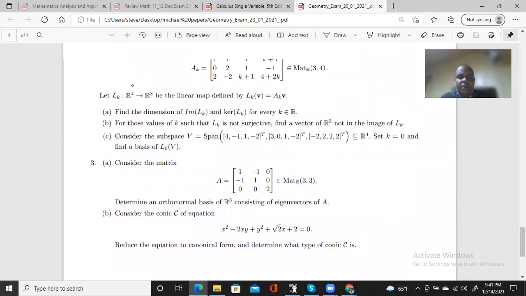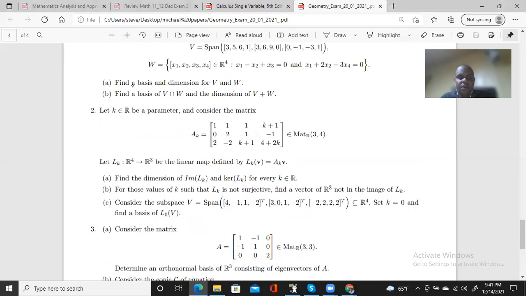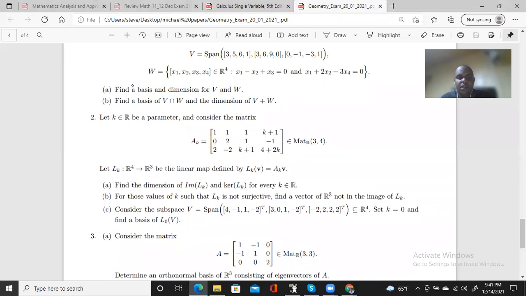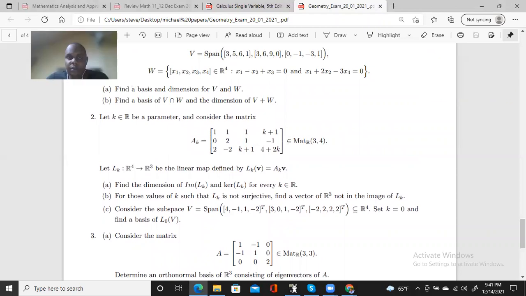We were doing B; we didn't do question 2C yet. So let me take you back to B. For those values of k such that Lk is not surjective, this means that its image is not going to be equal to the codomain, right?